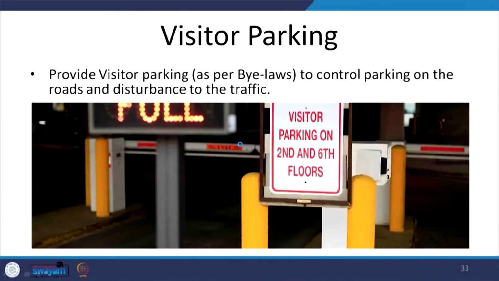Separate visitor parking has to be provided, because often the occupants of the building are provided parking, but the visitors do not have it, and they park their vehicles on the roads outside the site, which causes traffic jams and a lot of other problems. So, dedicated visitor parking has to be provided in any site.